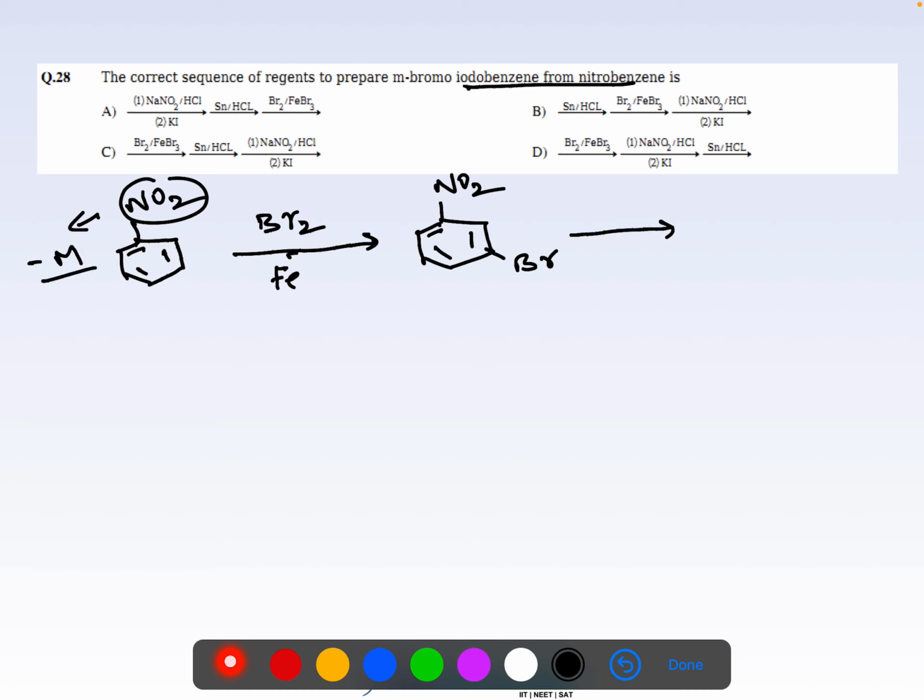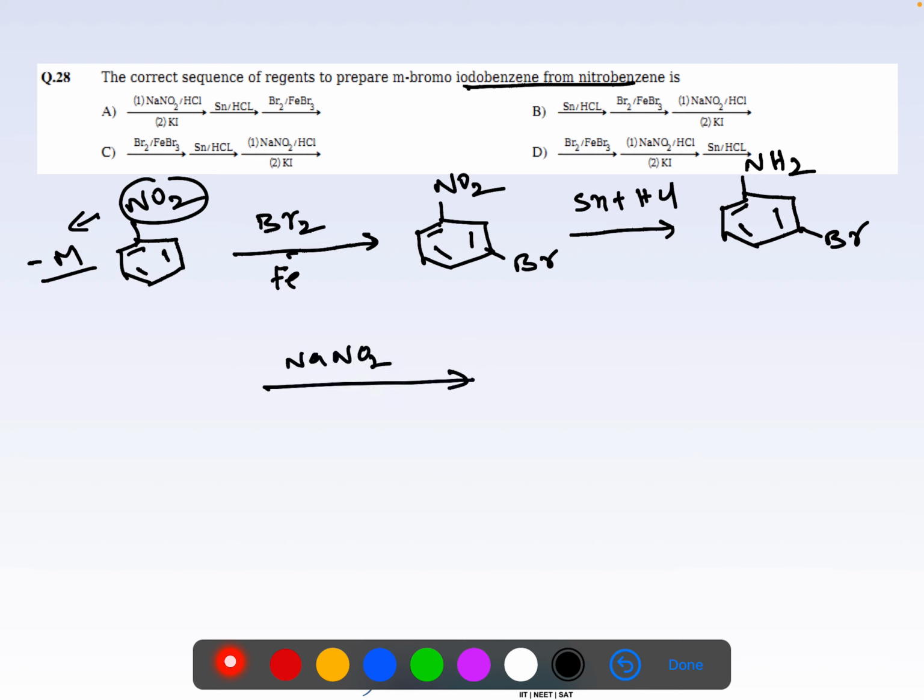So this nitro compound, when treated with tin in the presence of HCl, will reduce to NH2. Again this amine, when treated with NaNO2 plus HCl, will give aryl diazonium salt, N2+ with bromine, and this is an intermediate.